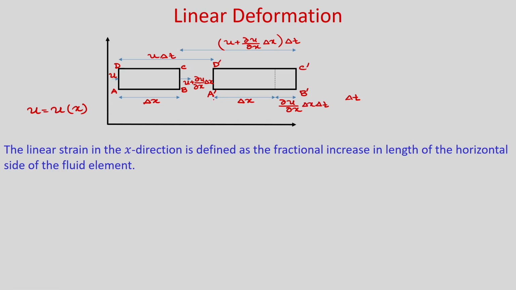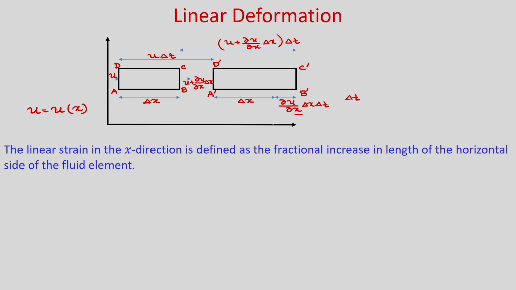Due to this linear deformation, there is a change in the size in the x direction of del u by del x into delta t. In this case, the linear strain in the x direction is defined as the fractional increase in length of the horizontal side of the fluid element.